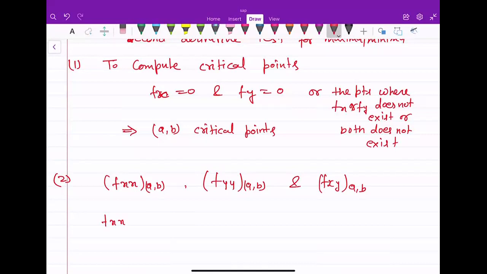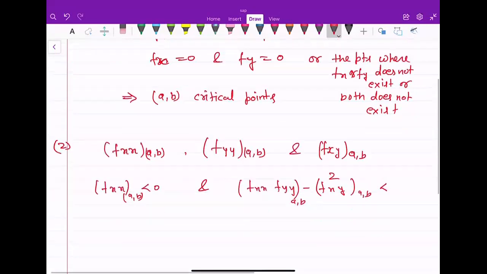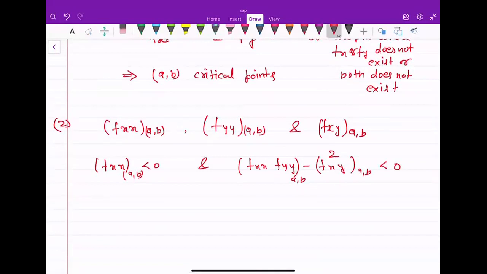If fxx is less than 0 at the point (a,b), and fxx times fyy minus fxy square at (a,b) is greater than 0, then we say the point (a,b) is the point where the function has a maximum value. So (a,b) is the maximum point.